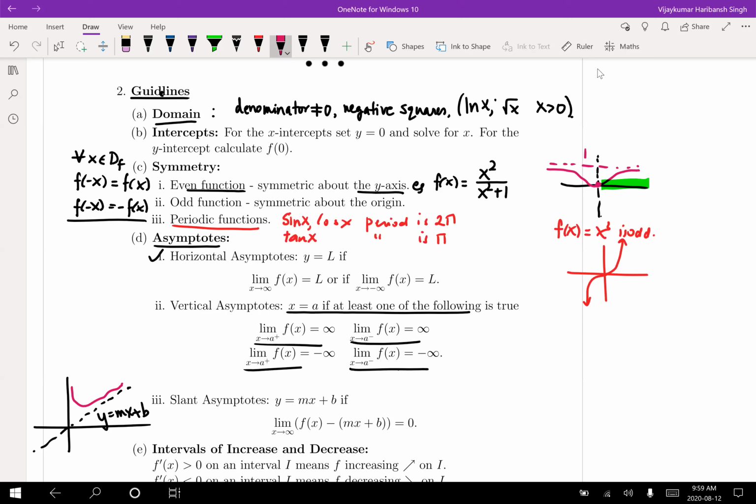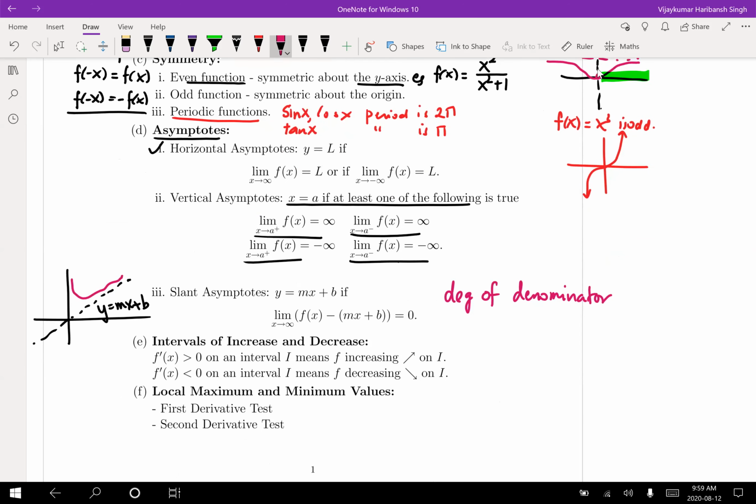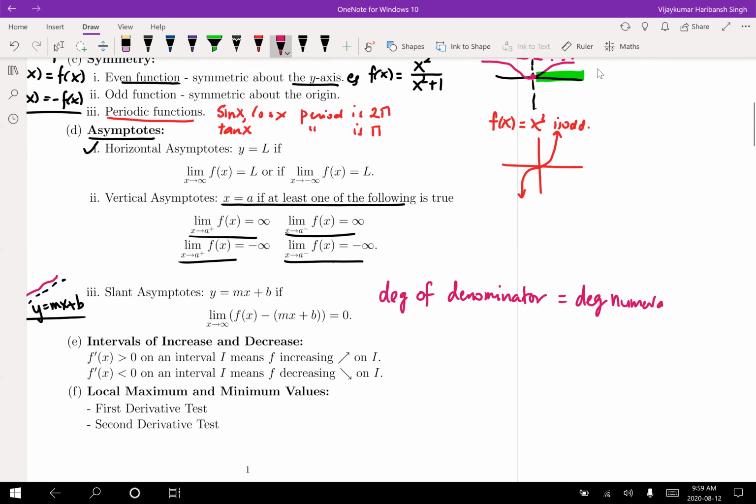Now, generally that happens when the degree of the denominator plus 1 equals the degree of the numerator.